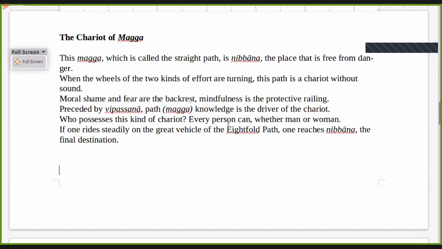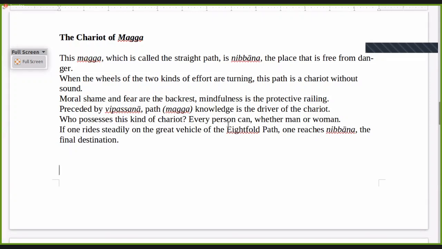From the story of Samana Deva, we learn that if you want to reach Nibbana, you have to take this mega vehicle. Your mega vehicle has two wheels, that is physical effort and mental effort, viriya or atapa.